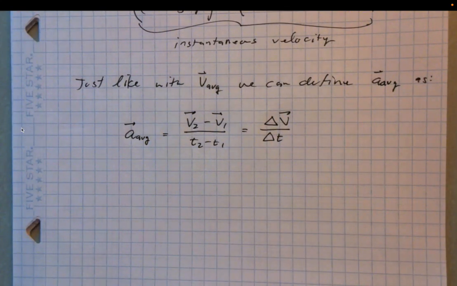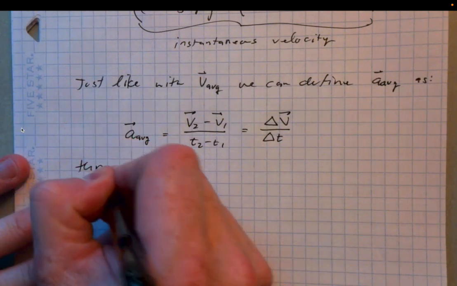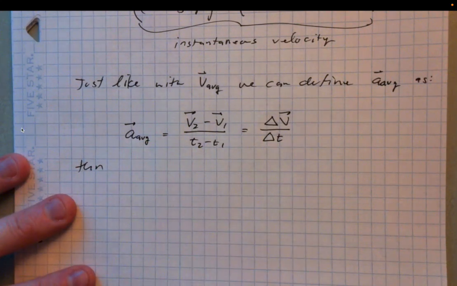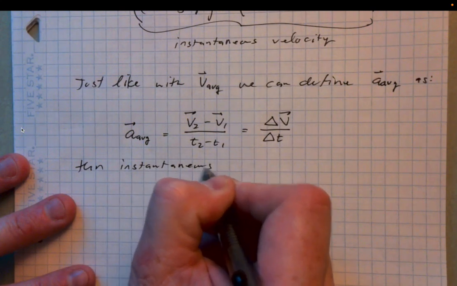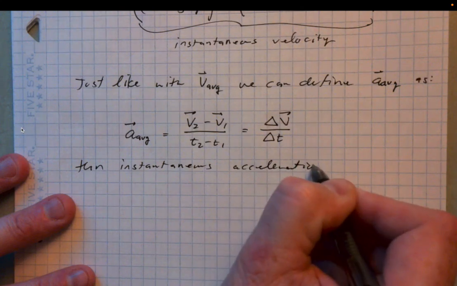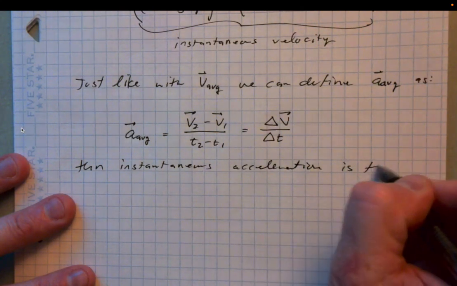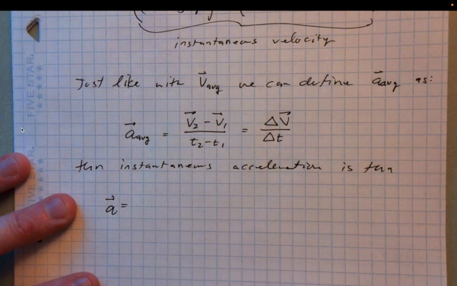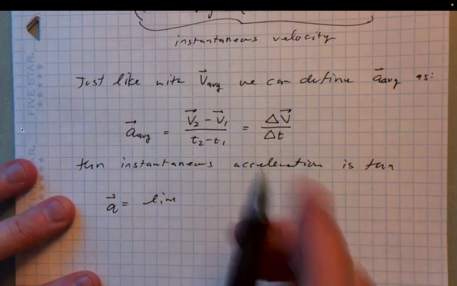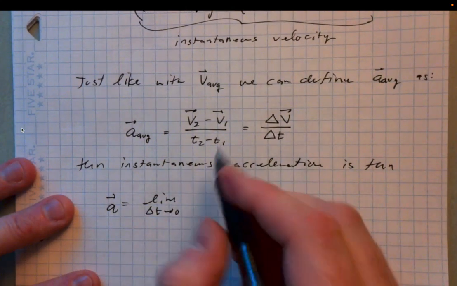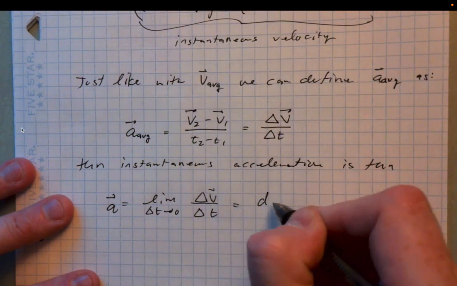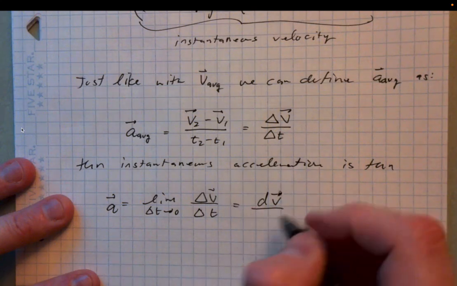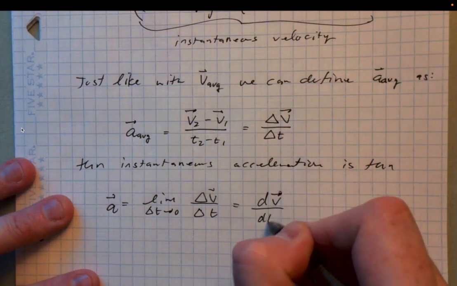And so we know how this story is going to go. We know what comes next. Instantaneous acceleration is going to be the limit as delta t goes to 0 of delta v over delta t, which we also know as the derivative of v with respect to t.